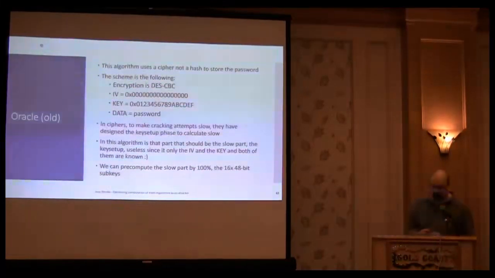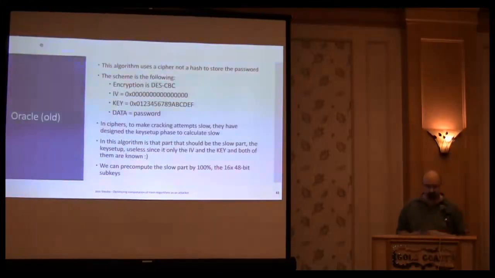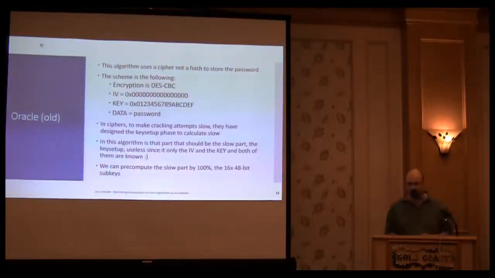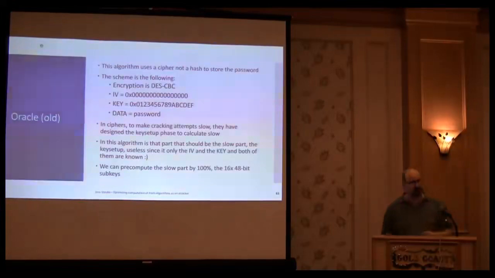This is Oracle Old. It's good, they changed it. The thing is, it uses DES. It just uses DES with a static IV and a static key to encrypt the password.